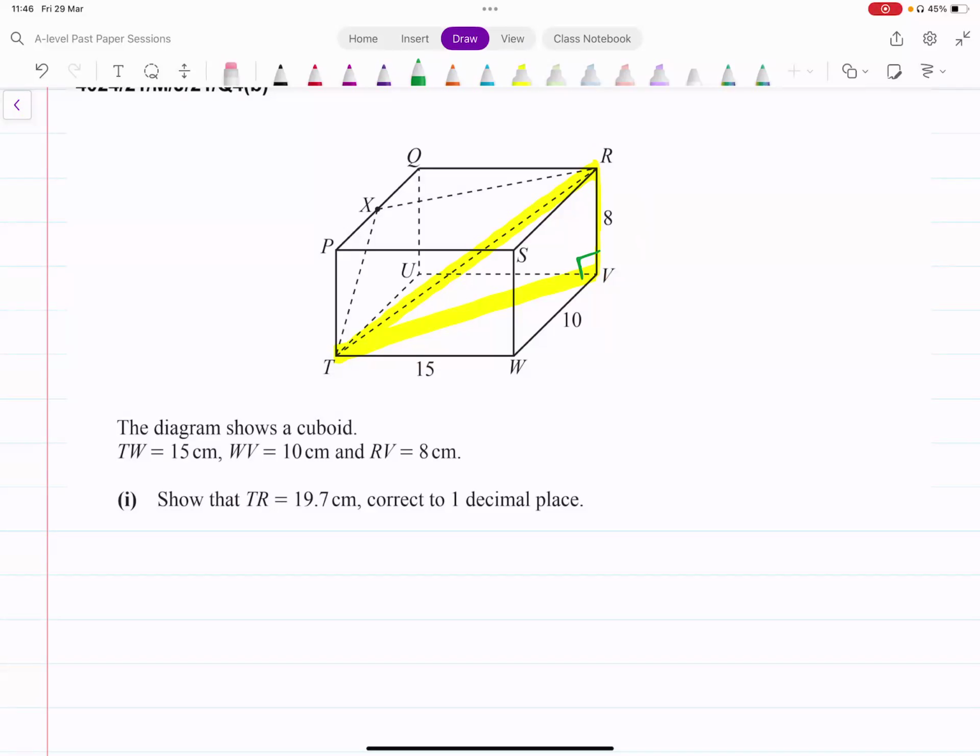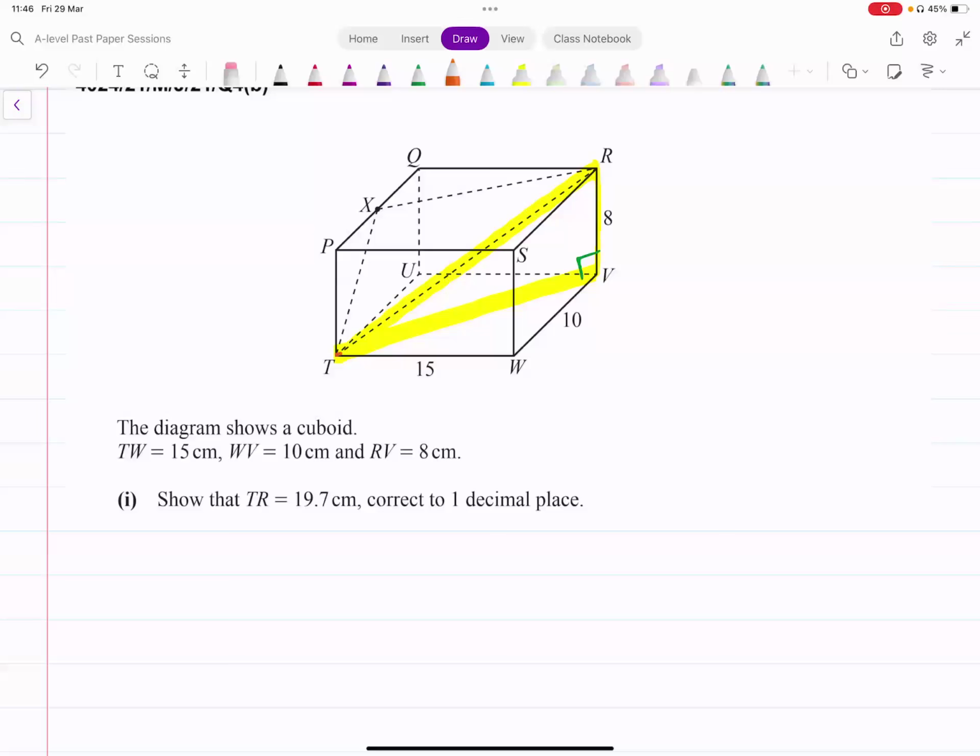What information do we have about this right angle triangle? Well, we only know this length 8. In order to find TR, we would need some other information as well, maybe another angle, maybe another side. In this case, we only have one side given. So what can we do then?